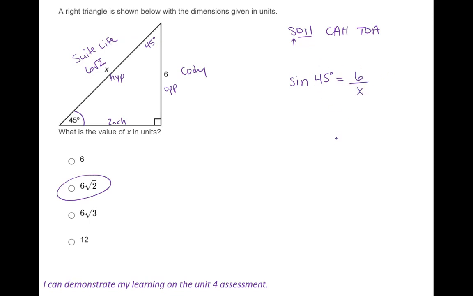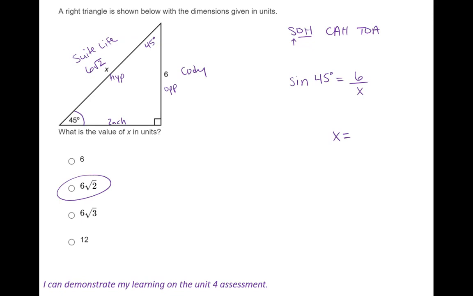Now, when you solve this out, you're going to end up getting a decimal, which I will really quickly calculate for you. We want 6 and the square root of 2. That would be the only thing you would have to check, like what those values are. You'd have to multiply them out on your calculator.